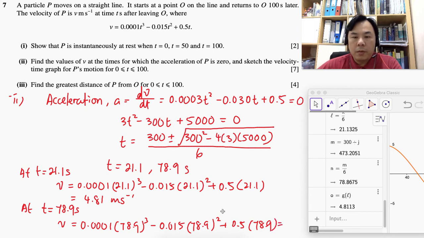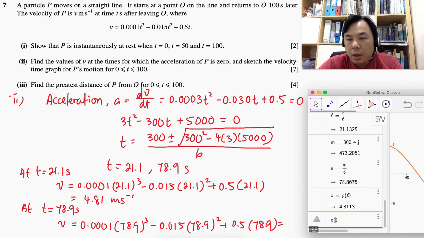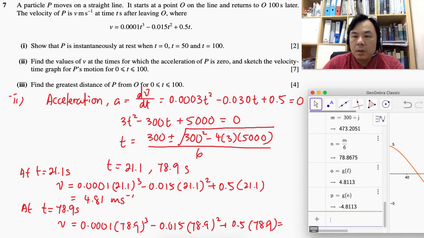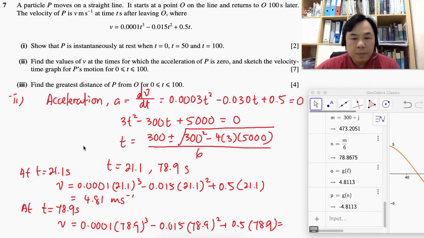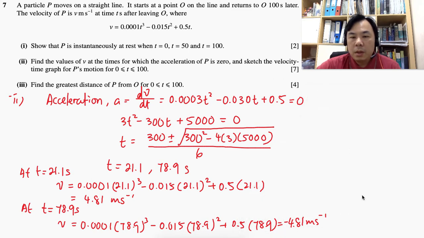Based on my calculator here, that would be a negative 4.81 meters per second there. All right, so I hope that is clear at this point. So you can see that it changes direction.